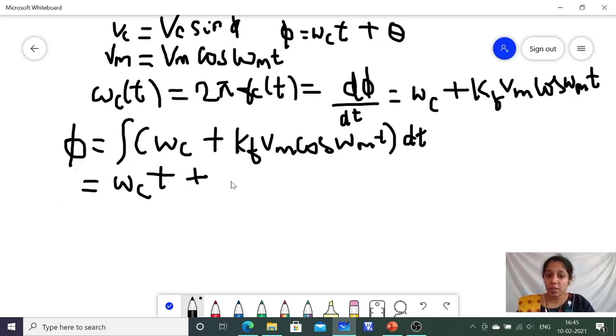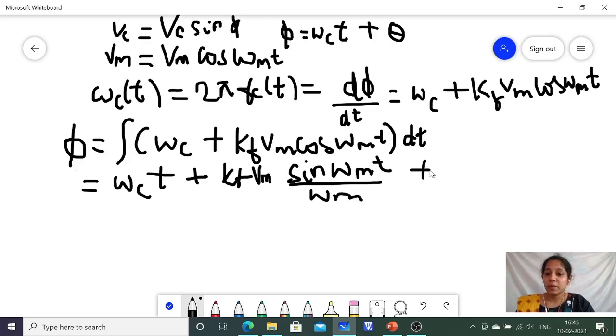Since kf and Vm are constants, the integration of cos omega m t is sine omega m t divided by omega m, plus some constant of integration, which can be ignored.